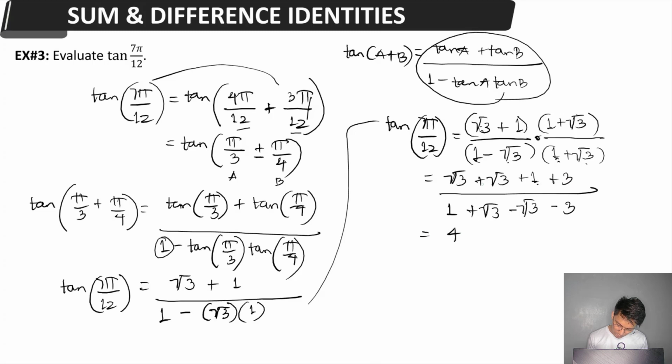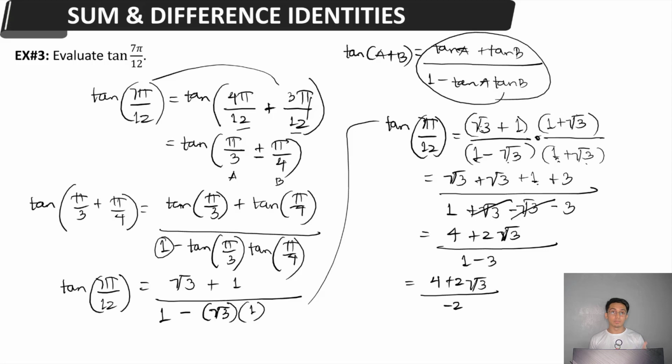And this is 2 square root of 3, plus square root of 3 ka. Consider it as x plus x. So, magiging 2x. Hence again, wala tayong calculator. Plus 2 square root of 3 over, and this is 1 minus 3. 4 plus 2 square root of 3 over negative 2.